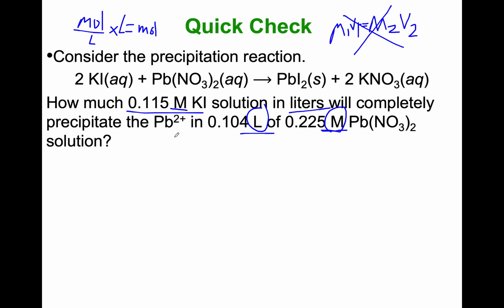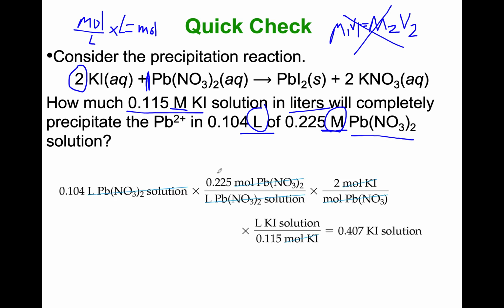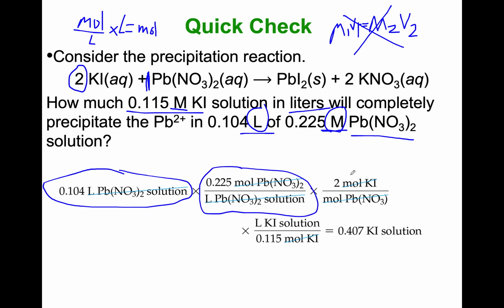And if you have moles of lead, and that's here, 1 mole lead nitrate, and 2 moles here. So now we can go moles to moles. That's our stoichiometry, right? So this is volume, molarity. Stoichiometry is 2 moles of KI on the top, 1 mole of this lead nitrate on the bottom, and now we're in moles of KI.